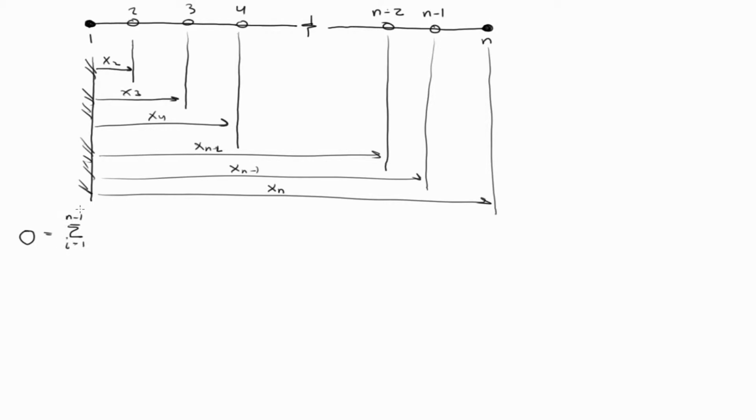so the sum is going to be over n minus 1 intervals, because if there are n nodes, there are n minus 1 intervals, right?